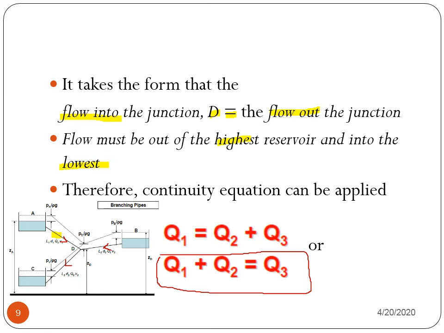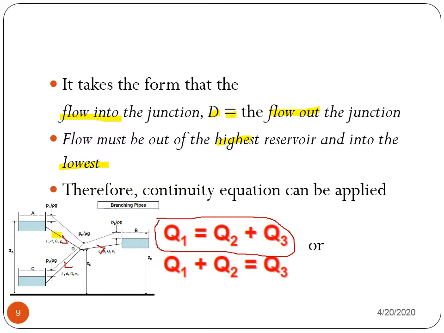But if we assume the case where water flows from reservoir A, and then goes to reservoir B and to reservoir C, then for this case we will apply Q1 equals Q2 plus Q3.